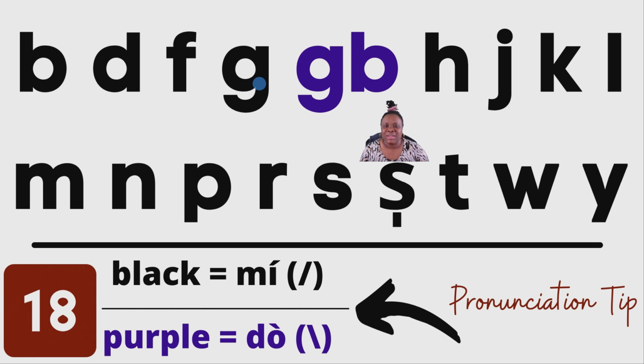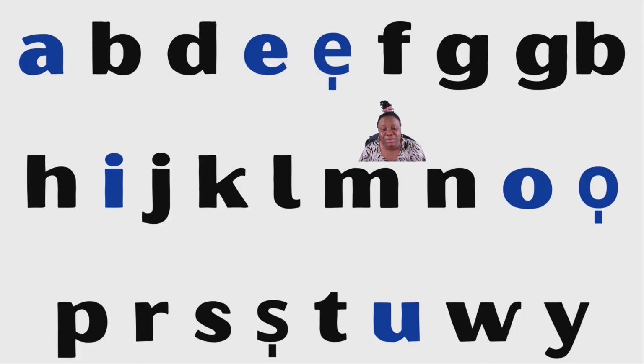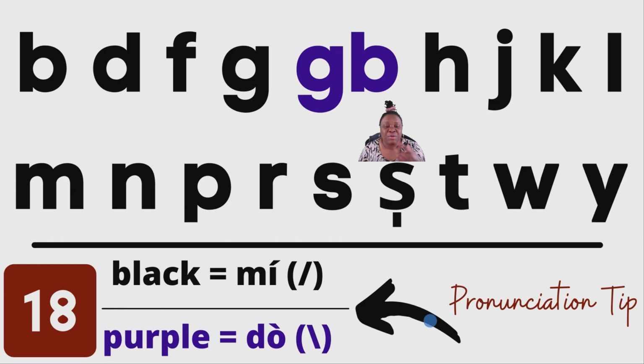This is just a guide for helping you remember how to pronounce these letters properly, using tone marks as a reminder for how they should sound. So don't worry so much about, oh my goodness, do we put tone marks on consonants? We don't put tone marks on consonants, with the exception of ni.